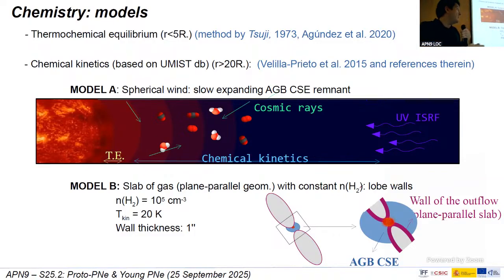One is model A, which tries to mimic the central component, like a remnant of an AGB circumstellar envelope, although we know that this has been disrupted and there is a more complex environment inside. And then model B, which is trying to mimic the wall of the bipolar outflow of the source.